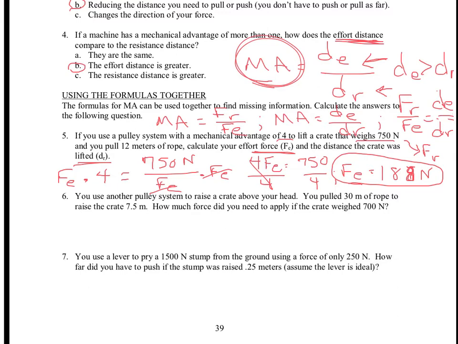Okay, I'm going to erase that and then do the other question that it asked for, which was the resistance distance. So I'm going to need to erase all of this and start over again.